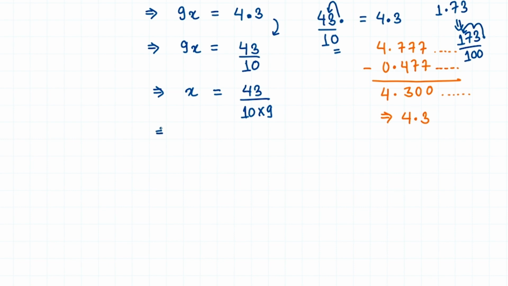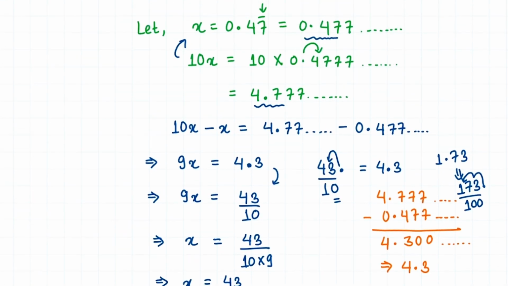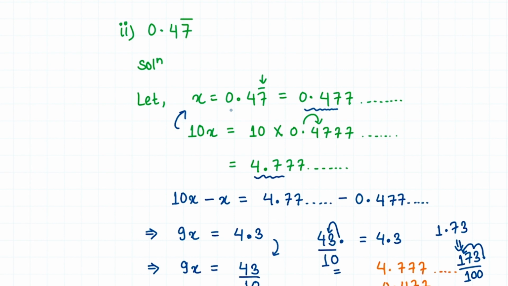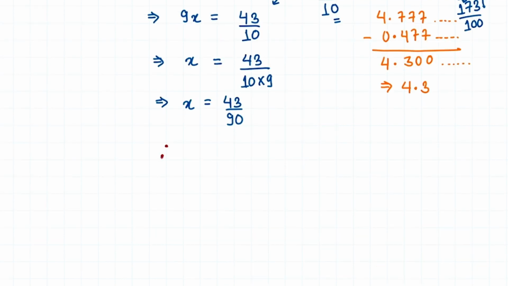And so the value of our x is going to be equal to 43 divided by 90. And again, we know that x is our 0.47 bar, okay? So therefore, 0.47 bar is equal to 43 divided by 90. And that's our second question.